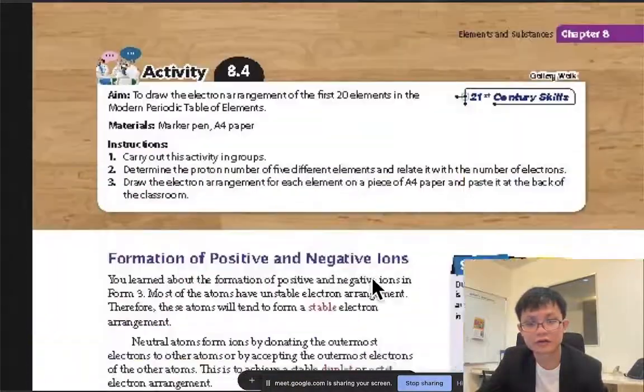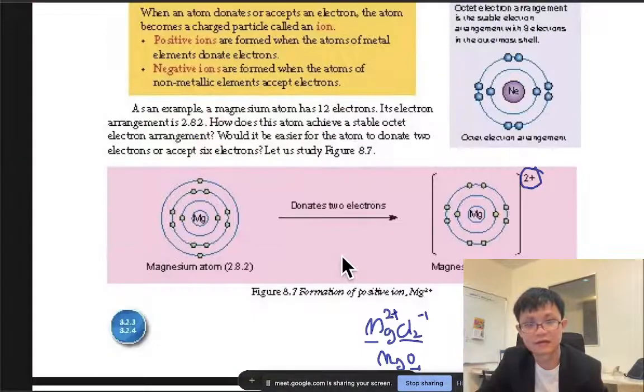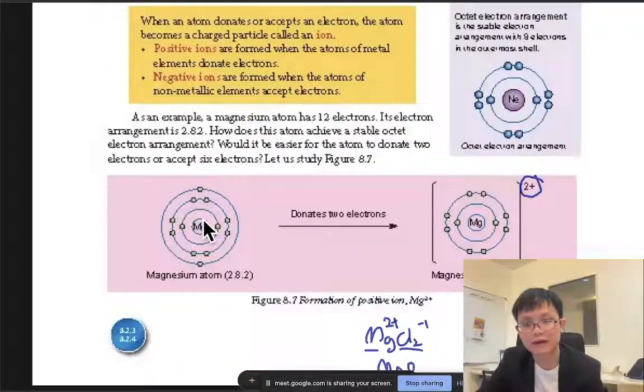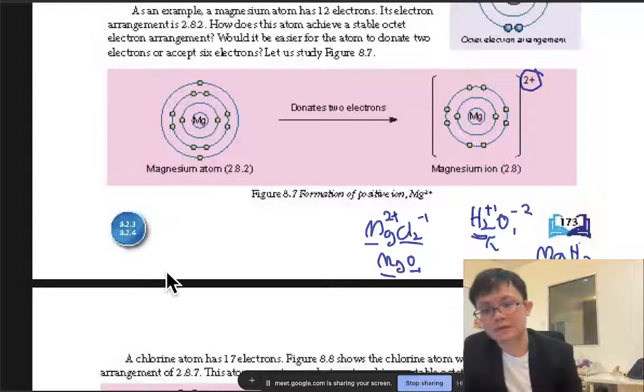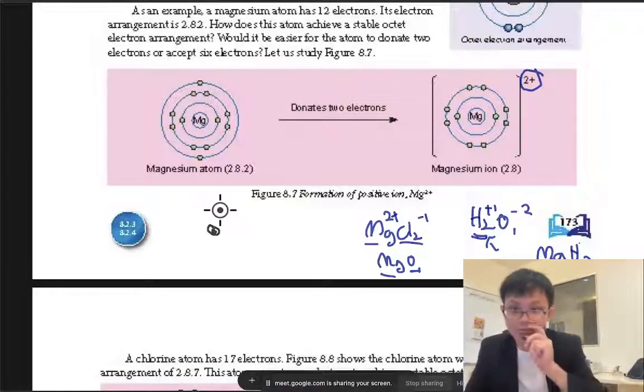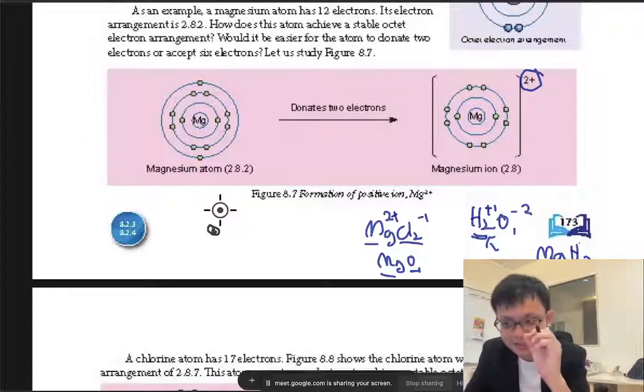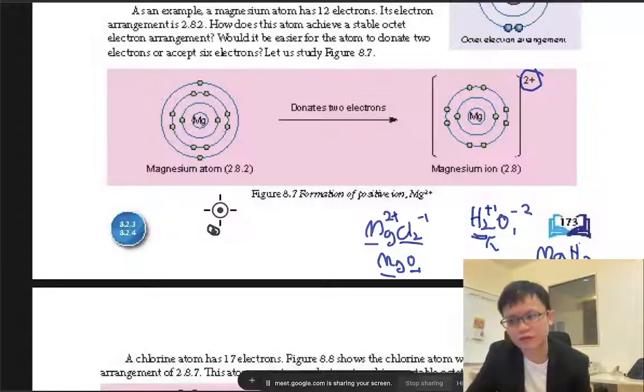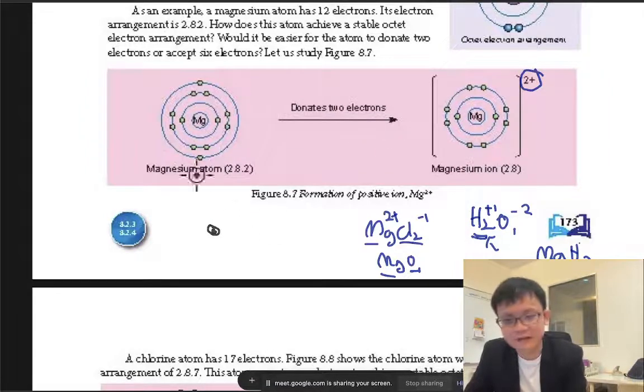I write here O for oxygen. But O is very confusing because it is like a circle.